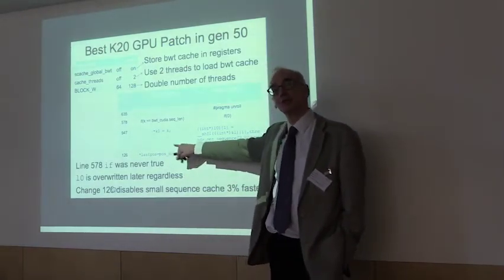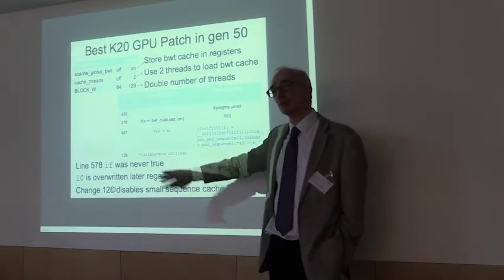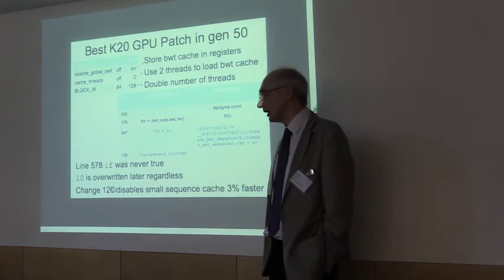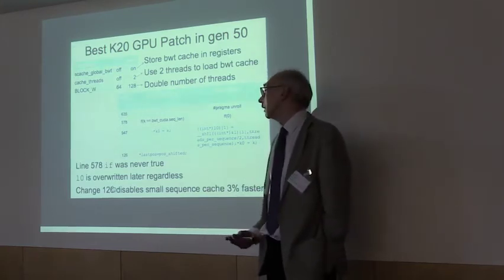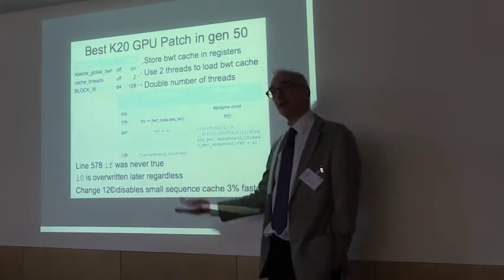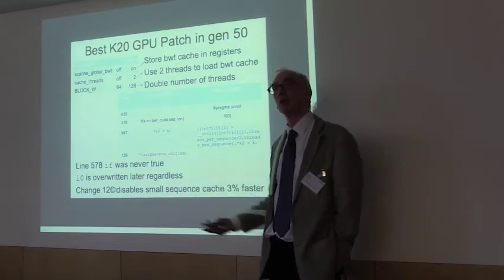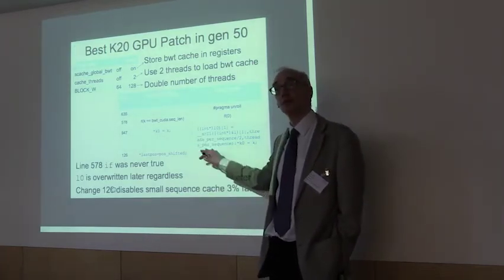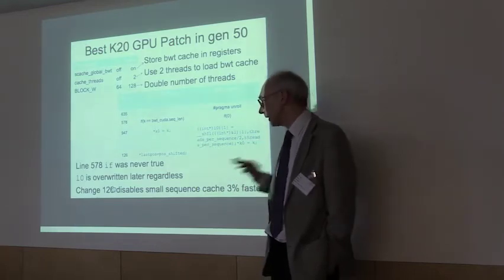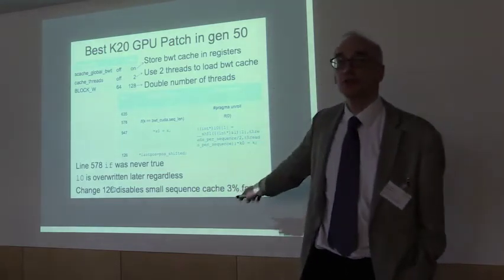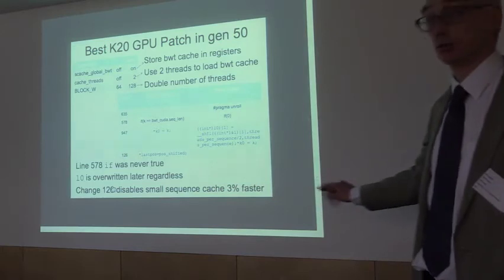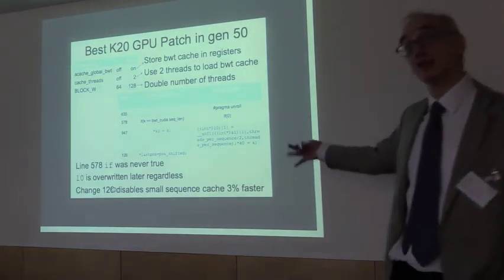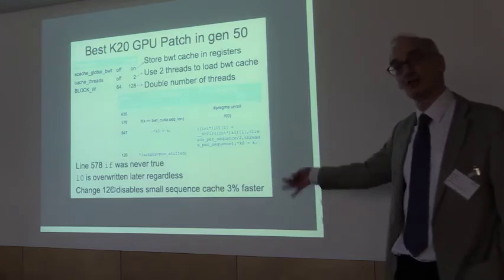Deleting that line disables the cache, doesn't change the answers that are produced, but instead of 7 times out of 8 reading a value from cache, every time we actually have to read the value from main memory. Paradoxically, that change makes the code 3% faster. Evolution doesn't care, it just does what it was told. Give me a fast kernel.